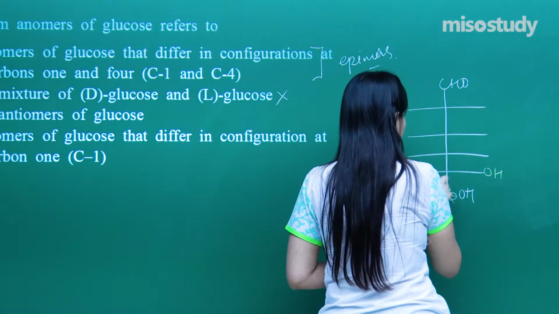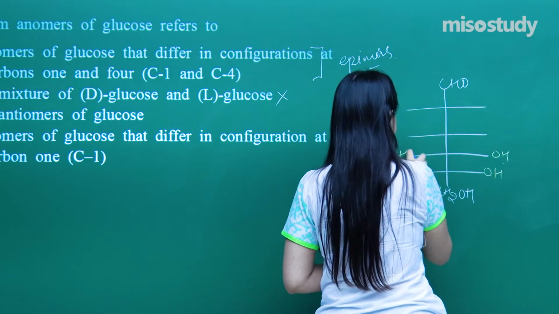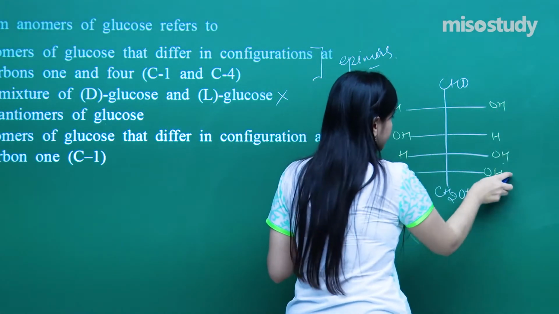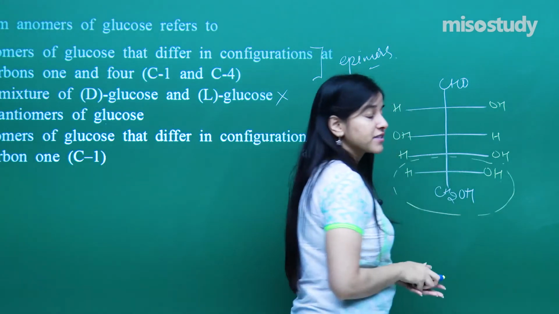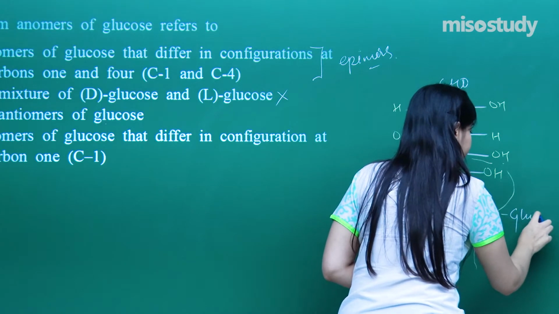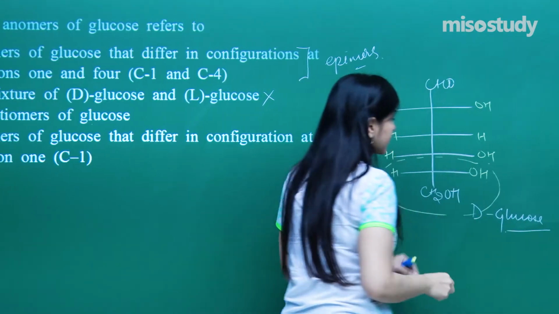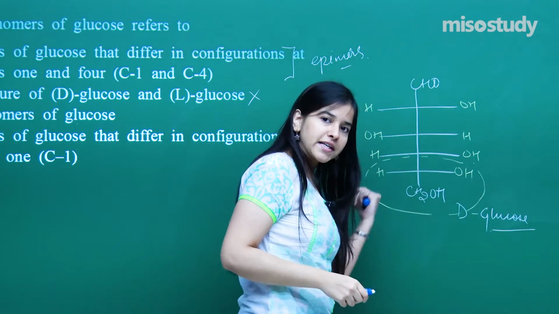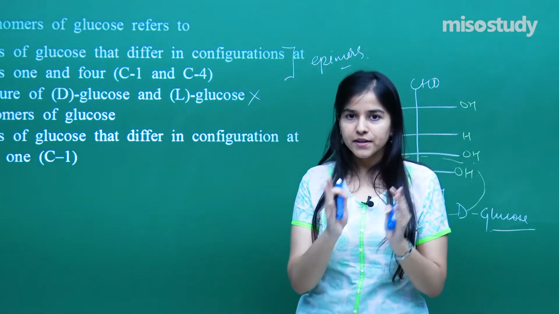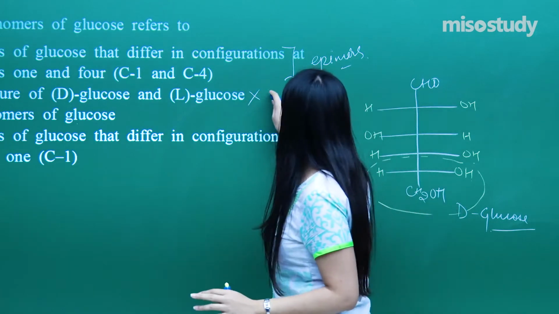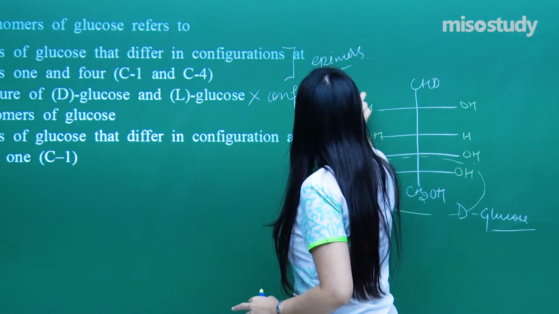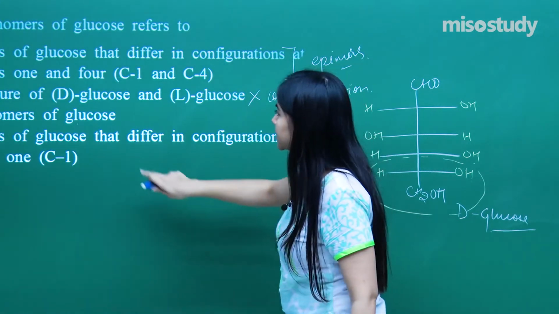In order to have a proper configuration, here I would like to represent that this is D-glucose. And what if I have this OH towards the left? Then it would be L-glucose. It is not an anomer but a proper configuration. So this is also not the option.